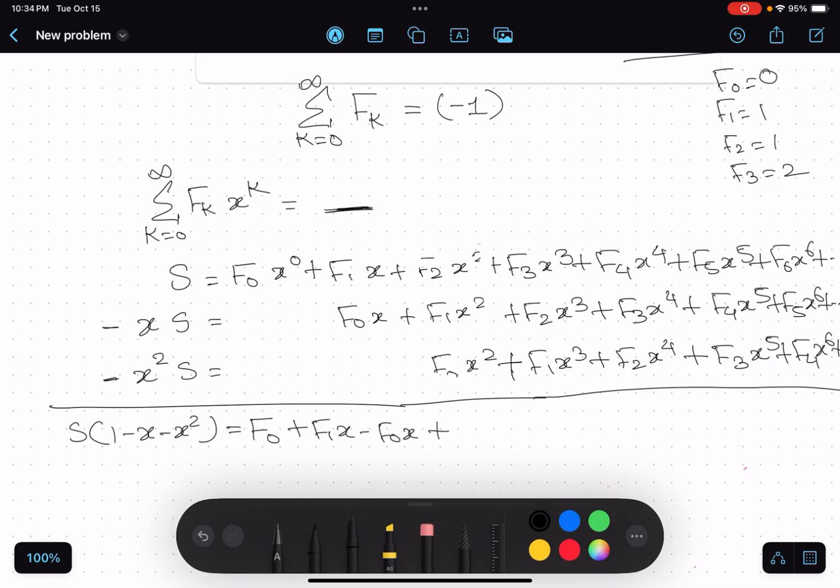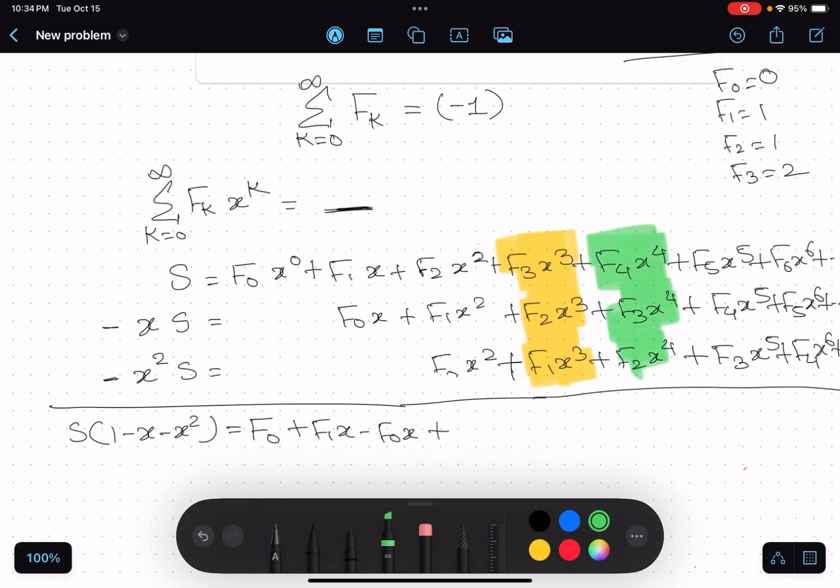Okay. Now, a similar scenario occurs in this next one too. Basically, x cubed can be taken out common and f_3 minus f_2 minus f_1 will get cancelled out. Also in this one.